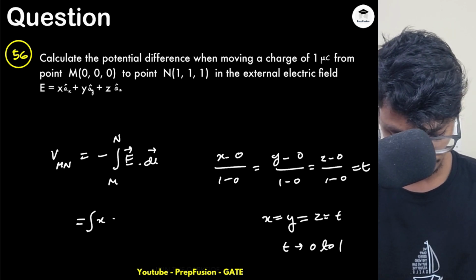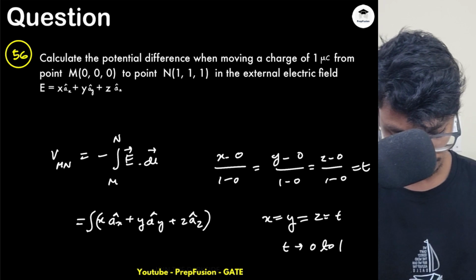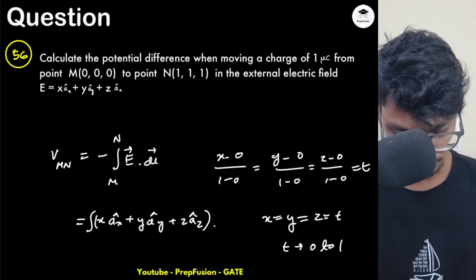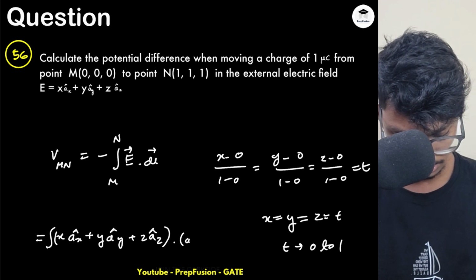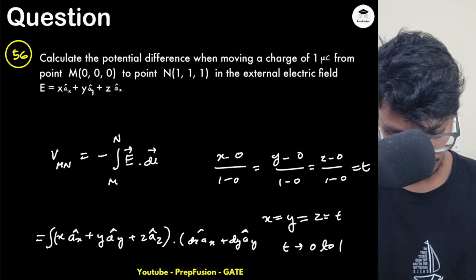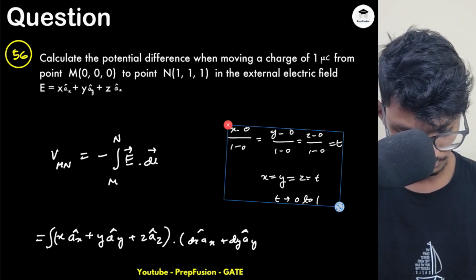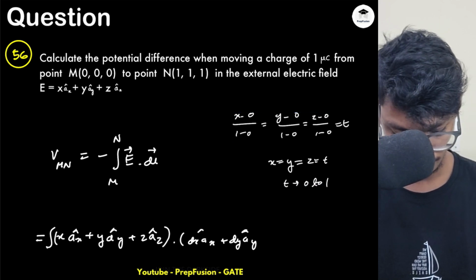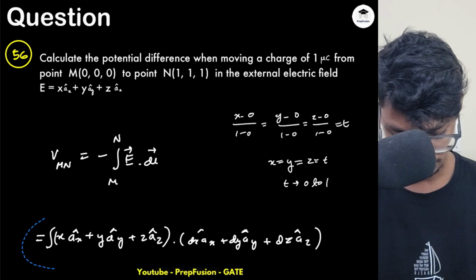Minus the integral of (x ax plus y ay plus z az) dot dl. dl is dx ax plus dy ay plus dz az.